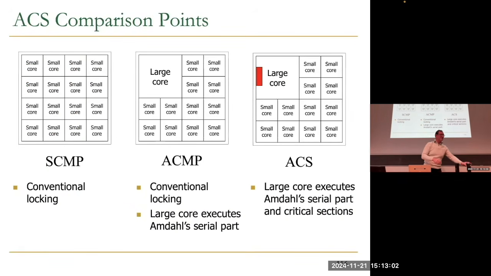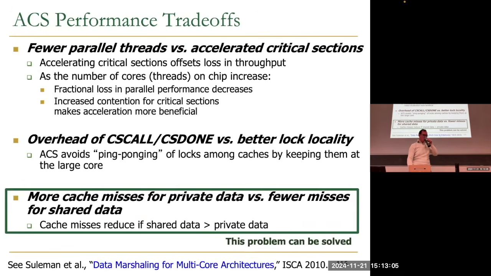Yes, please. Depending on the workload, you choose whether you want to share that data or not. You mean ship the critical section or not ship the critical section? Yeah, potentially, yes. I think if you understand your workload well, potentially. And we're going to see that in the next work.